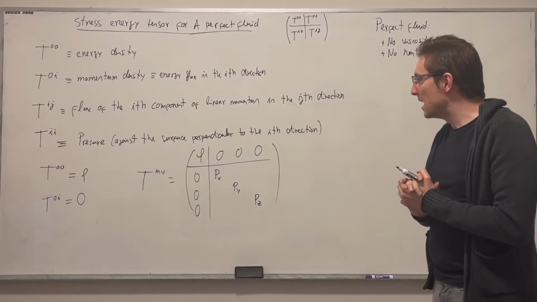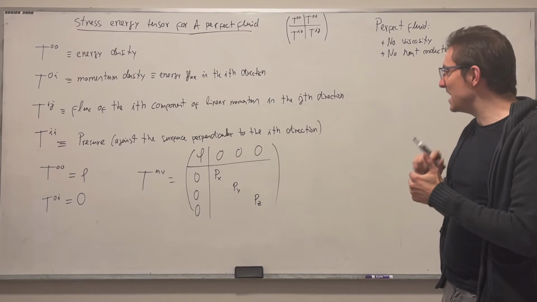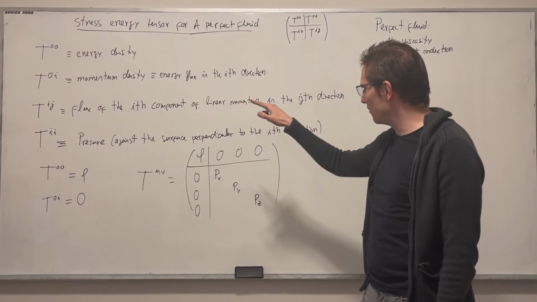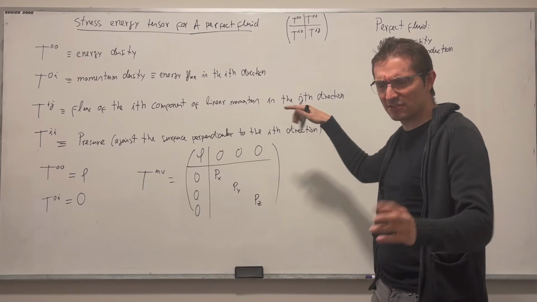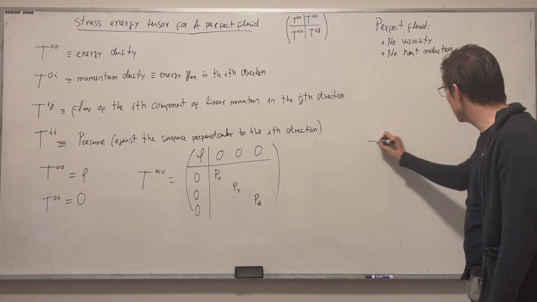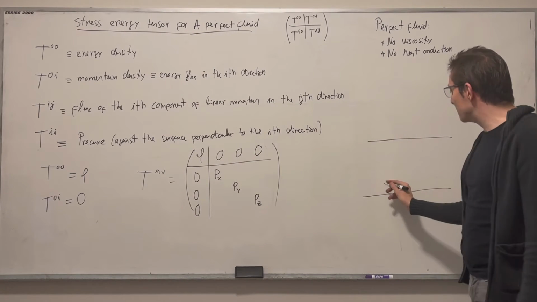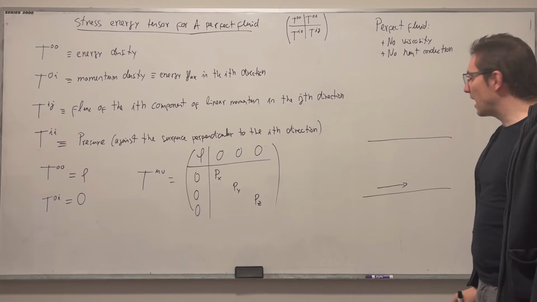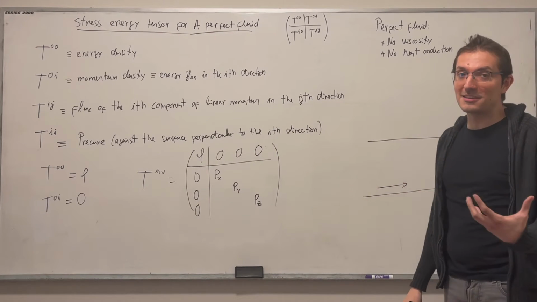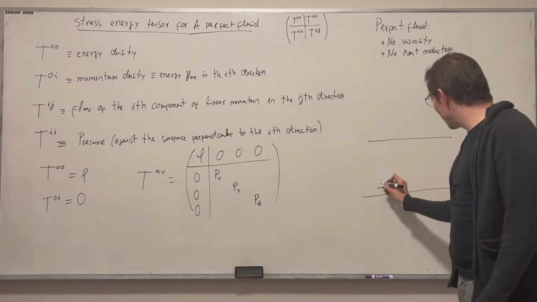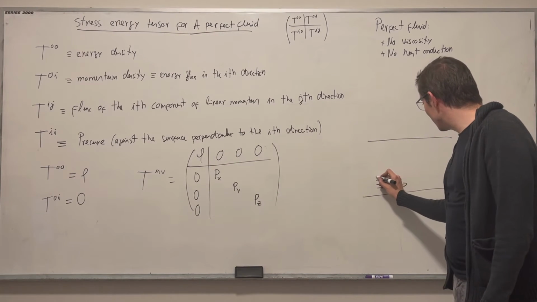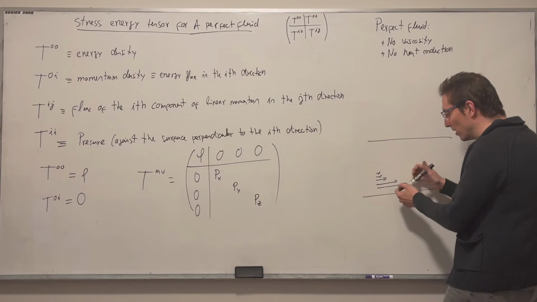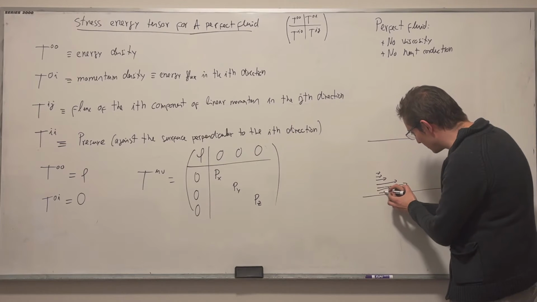All right. Now, how about the Tij that are non-diagonal? What are those? Let's understand what it is. The flux of the ith component of linear momentum in directions that are not the same direction. So imagine a pipe like that, and imagine that my fluid has some velocity here, like this. And what happens? Well, you know that there's a mechanism called viscosity that makes the velocity get transmitted. If I induce velocity here in this direction, then I'm going to pull from the layers that are right below, right?